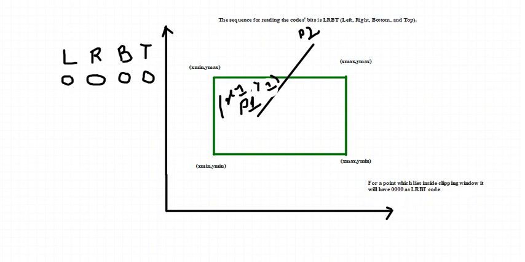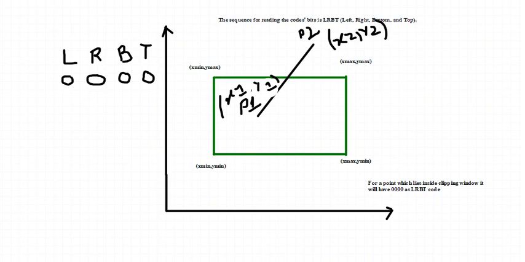Now let me check the authenticity of this deduction with respect to point P2. Say the coordinate for point P2 is x2, y2.